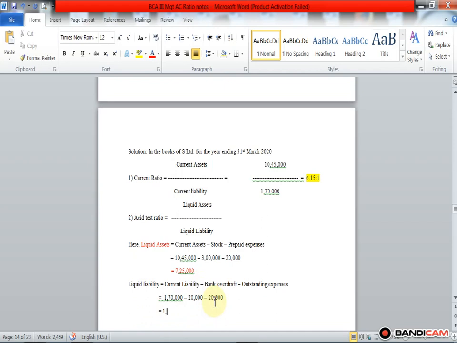Okay, so put these figures in the formula. 7,25,000 divided by 1,30,000.